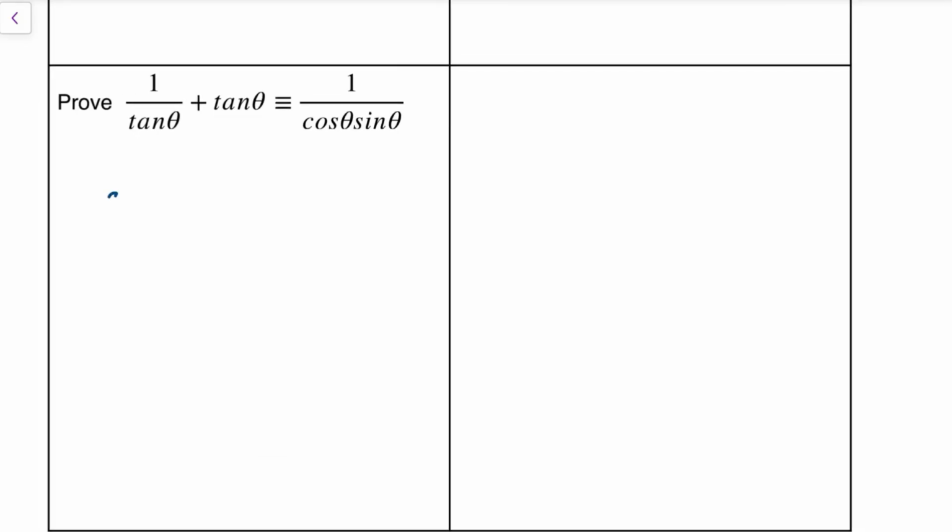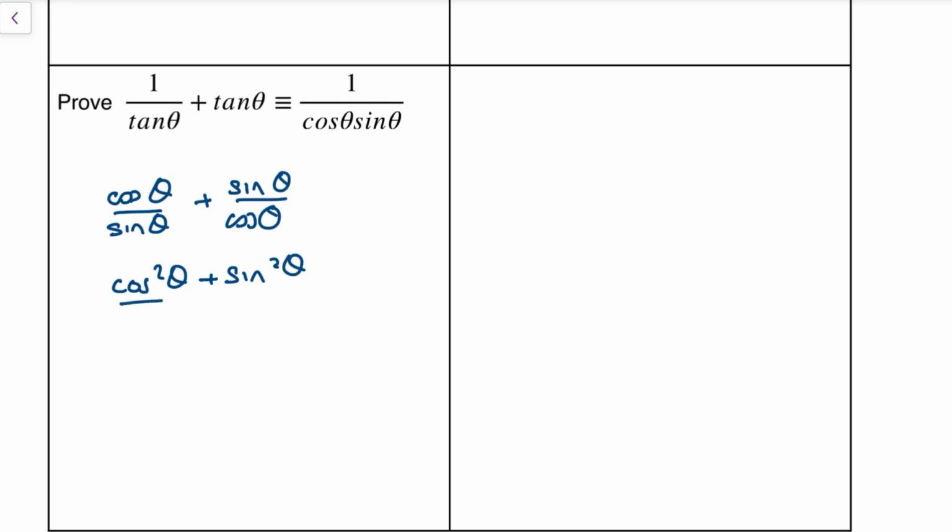So 1 over tan is going to be cos theta over sine theta, and tan is going to be sine theta over cos theta. I now need to make the denominators the same, so I'm going to multiply the left one by cos, so that's going to give me cos squared theta. I need to multiply the right one by sine, which is going to give me sine squared theta, and that's all over sine theta cos theta, which is my desired denominator.